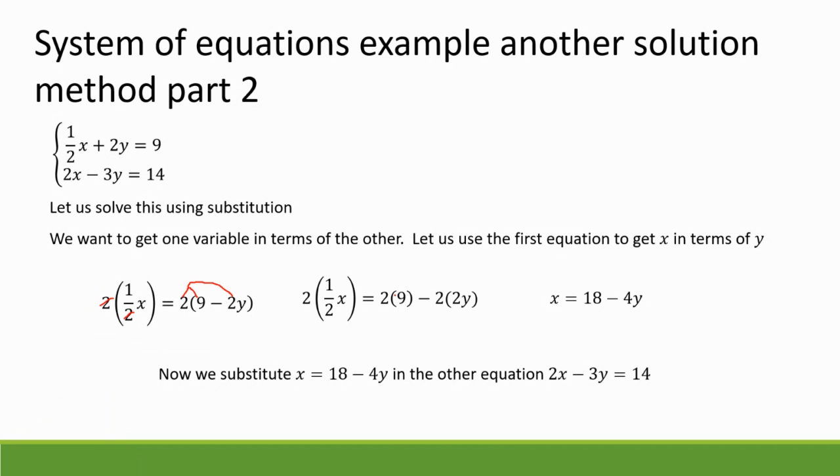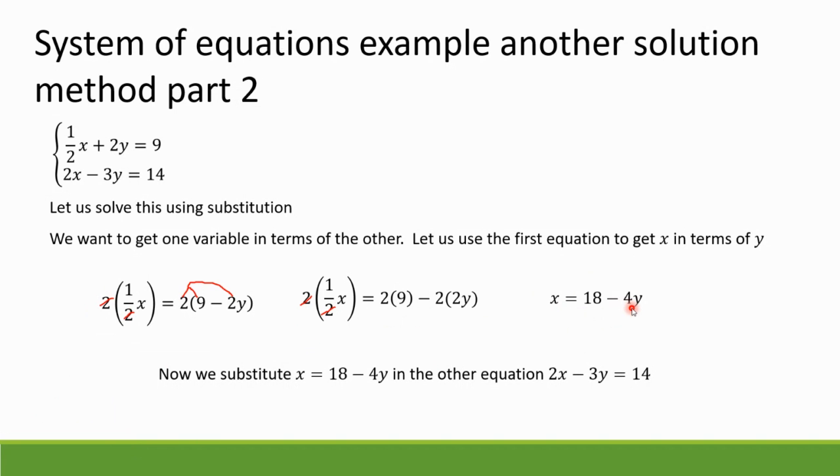So we have 2 times 9 minus 2 times 2y. These again are gone. That's all right. So we have x all alone on the left side here, right? On the right side, we have 18 minus 4y. That's what we have. 18 minus 4y.